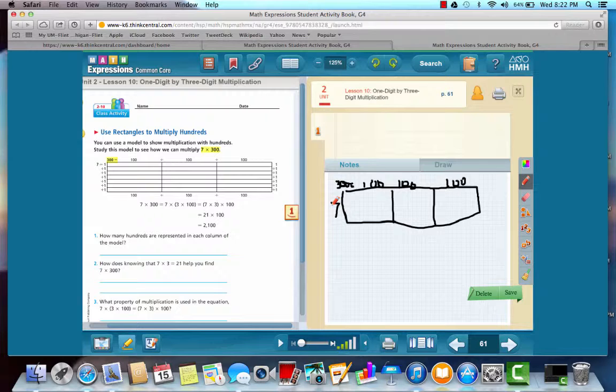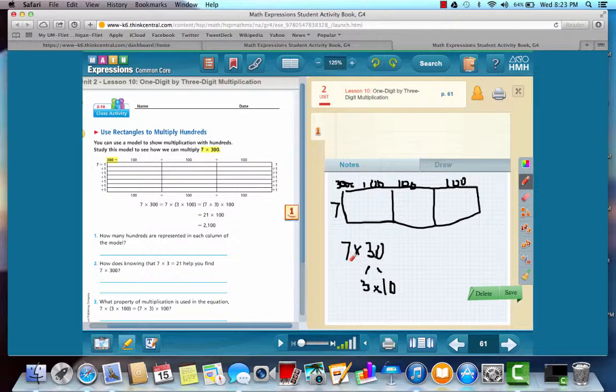So what they want you to think of is 7 times, and remember when we looked at multiplying by tens, I'm going to take you back to 30. Remember when they had you multiply by 30, they had you break apart the 30 into 3 times 10.